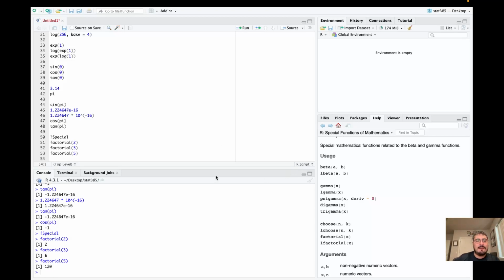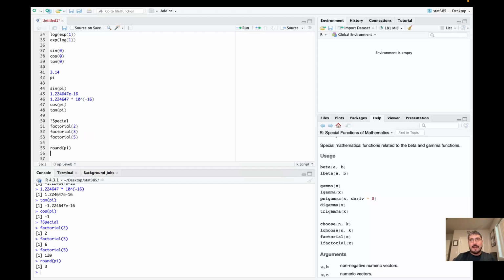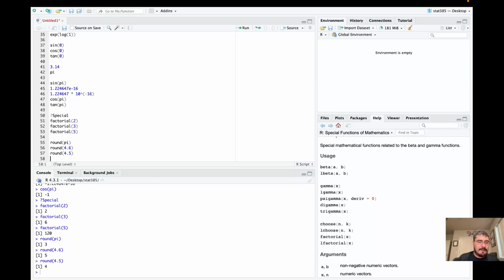Also, there is rounding. Round pi just rounds to the nearest whole number. Let's see, if we do 4.5, what happens? Okay, so it follows the convention of rounding down. Then there's floor and ceiling, which are pretty self-explanatory.